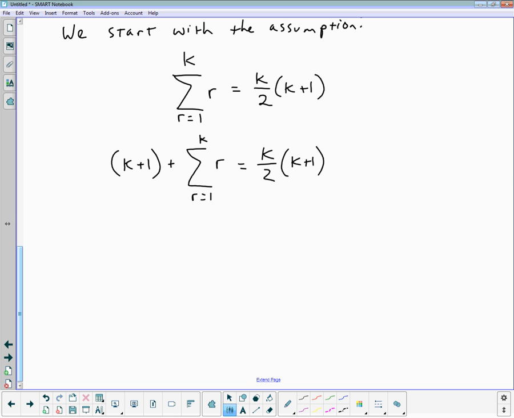And now, magically, not so magically, the left-hand side becomes exactly what I want, the k plus 1 case. But remember, I added something to the left, which means I have to add something to the right.